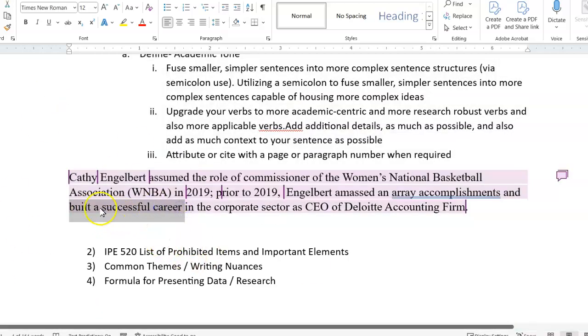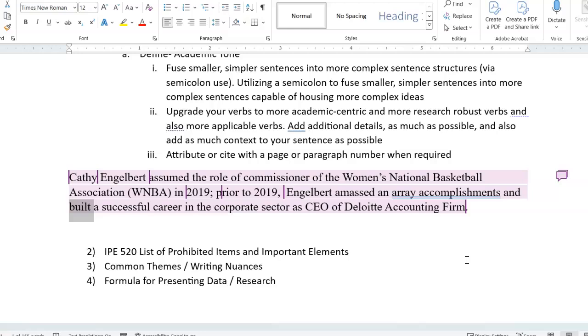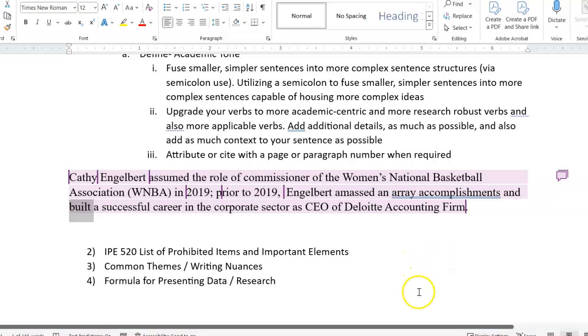Let's hone in on this here. We're specifically looking, again, step two, upgrading verbs to more academically robust and research-centric verbs. "Built." Nothing really wrong with this, but if you are drafting content for the purposes of publication and for bolstering your credibility as the authority on your research topic, you want to shy away from these conversational types of words.